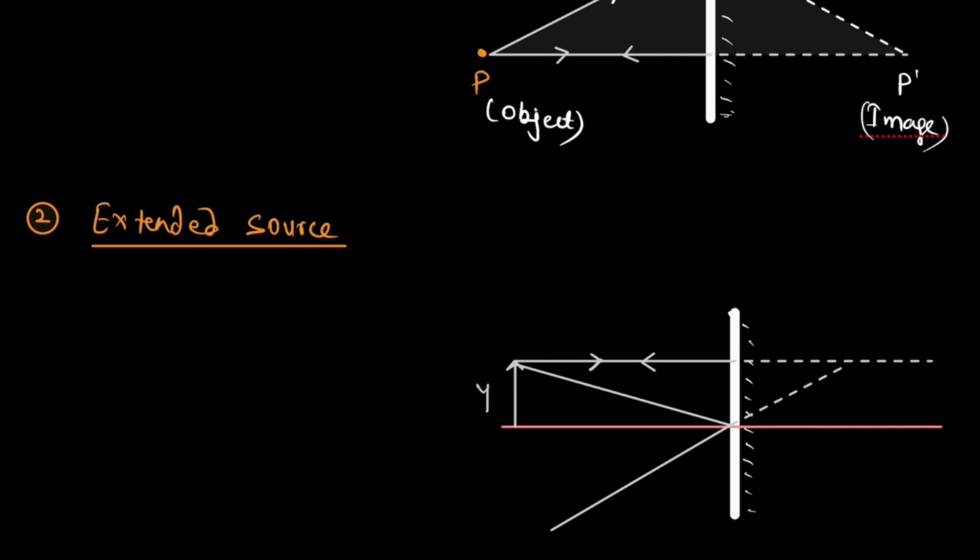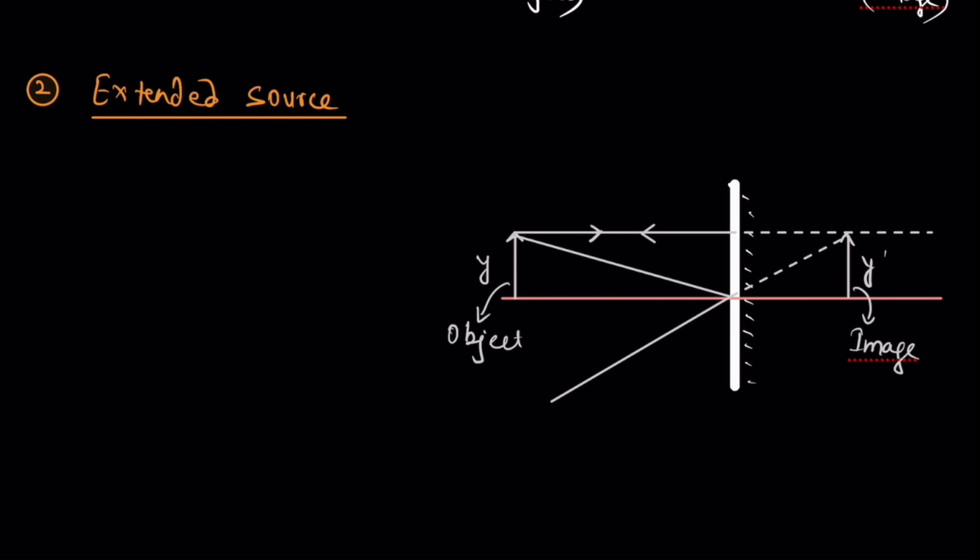So if this is y, here we will find another, y dash. This was our object and this is the image. And everywhere we follow the law of reflection.